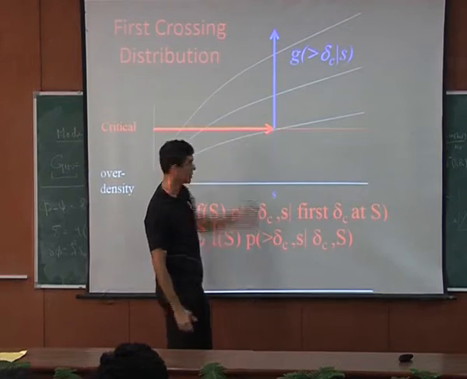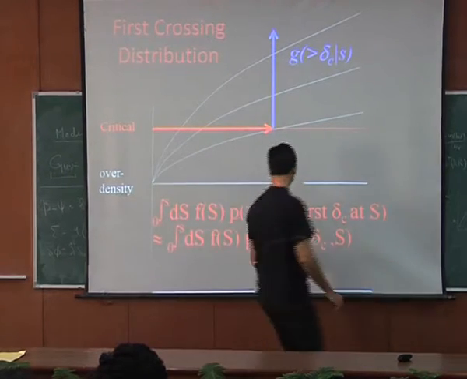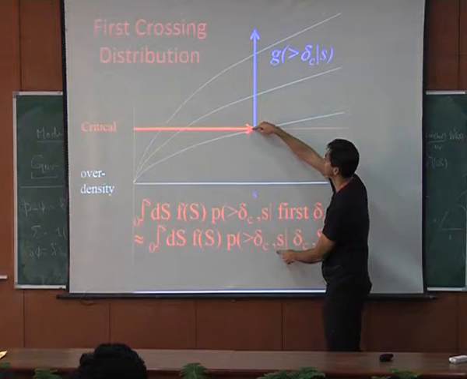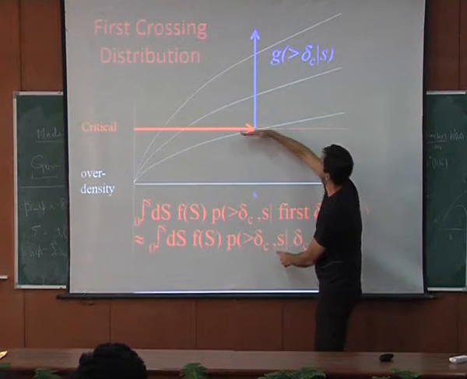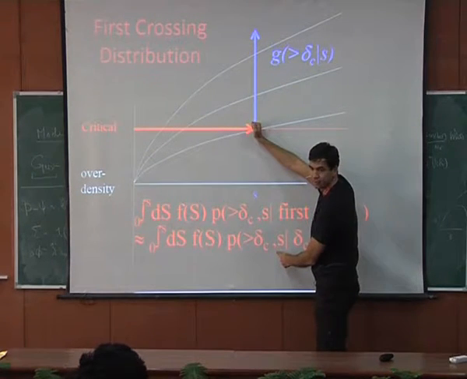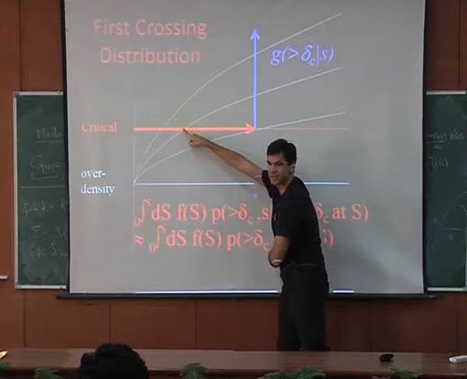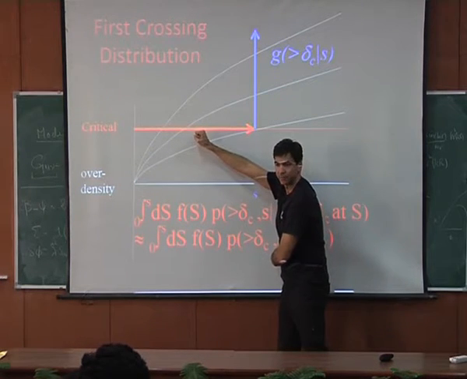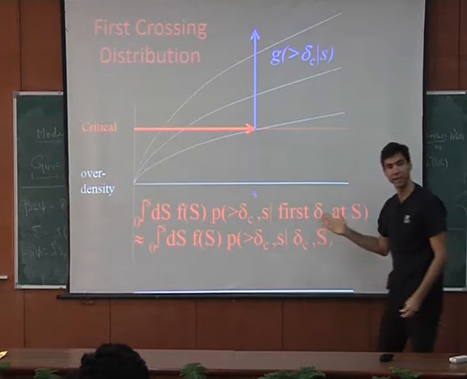And so again, the probability that you will be above this line on this scale, given that you crossed this line on some earlier scale, is half. So instead of 1, it has become half.